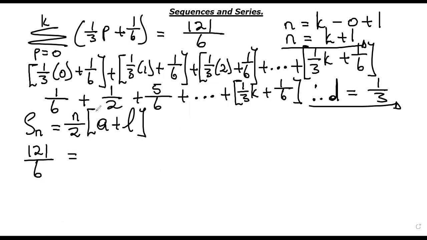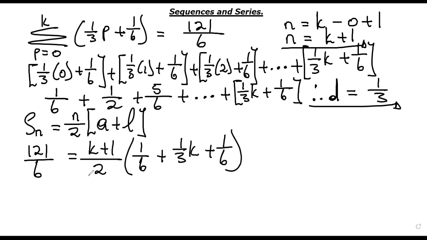Now the number of terms, because your last term is given in terms of k, it makes sense for you to express your number of terms in terms of k as well. So you say where you see n, you actually see k plus 1. And then you say this is divided by 2. And then you say the first term is 1 over 6. The last term is 1 over 3k plus 1 over 6.